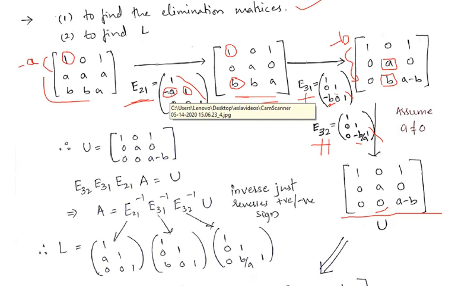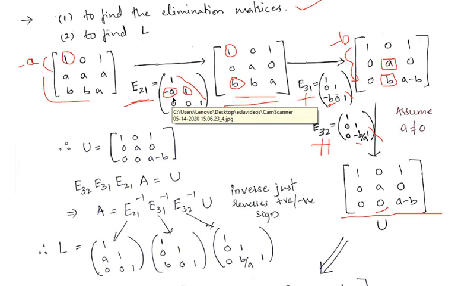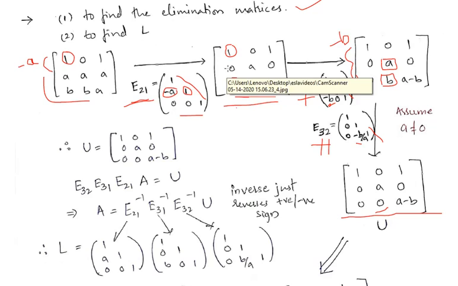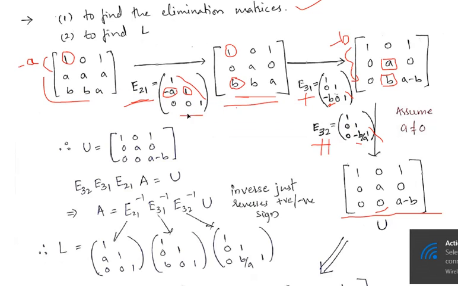Take the second row, minus a, 1 0. Minus a into 1 plus 1 into 0, and 0 into b is 0. So what you are getting here is a. Correct. So whenever you multiply the corresponding matrix with the elimination matrix, you will get back the original matrix.